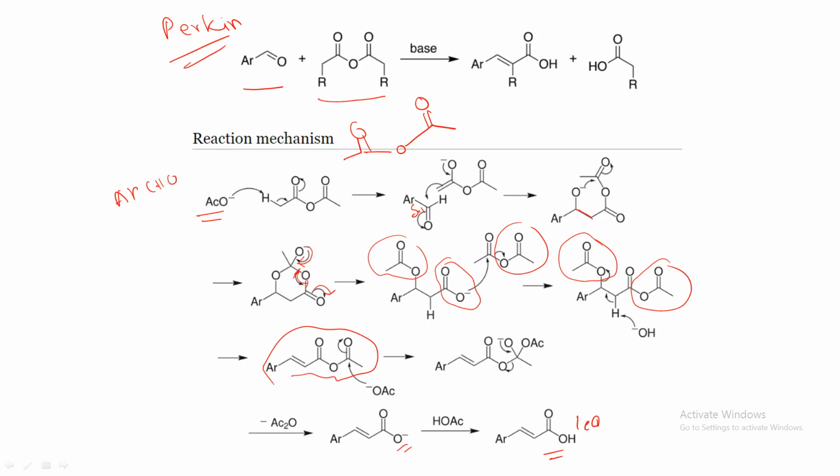So where is it? CH3CO2H is another thing, and this is generated in one equivalent. So here it is, you can see here, AcO minus in presence of H plus. So this is the second equivalent. So these two species are generated.